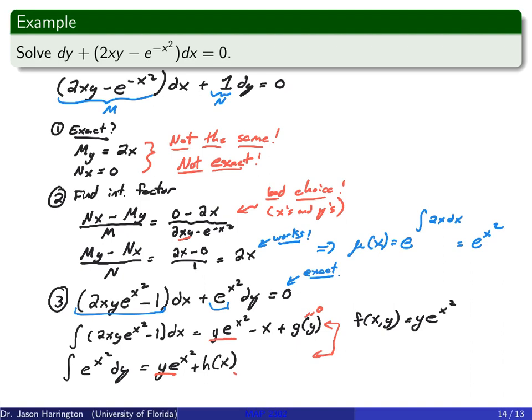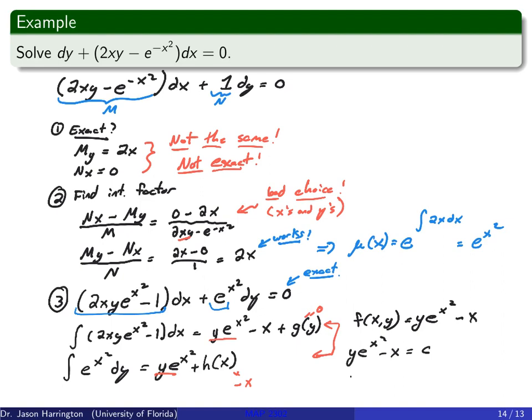So my overall function is f of x, y equals y times e to the x squared minus x. And so our general solution is y e to the x squared minus x equal to a constant c, to make that into a level curve.